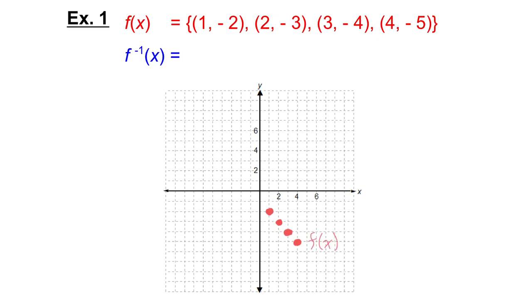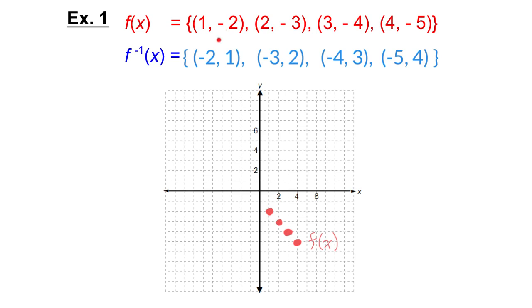Now if I wanted to find the inverse of f of x, all I have to do is, for each point, switch x and y. So in f of x, x is 1, y is minus 2. In the inverse of f of x, x is minus 2, y is 1.